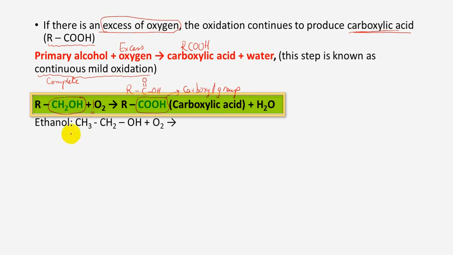If it is not a complete mild oxidation, the coefficient of oxygen is half O2. So if, in an experiment, it is said that ethanol undergoes a complete mild oxidation, or ethanol is mixed with an excess of oxygen gas, I will know that this primary alcohol will change into carboxylic acid.